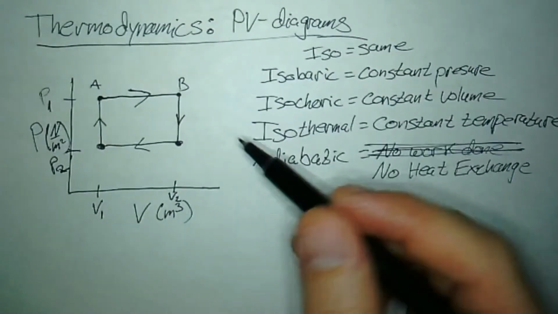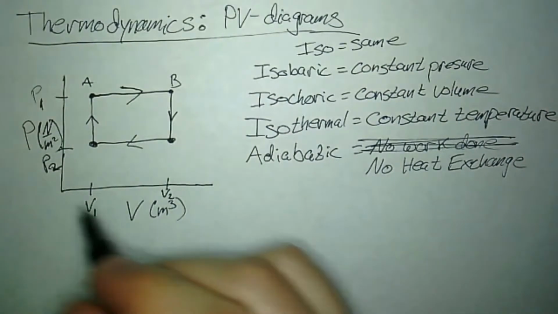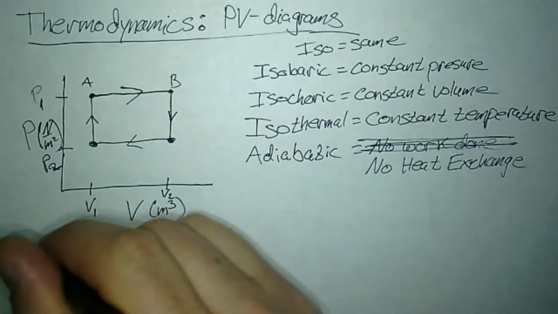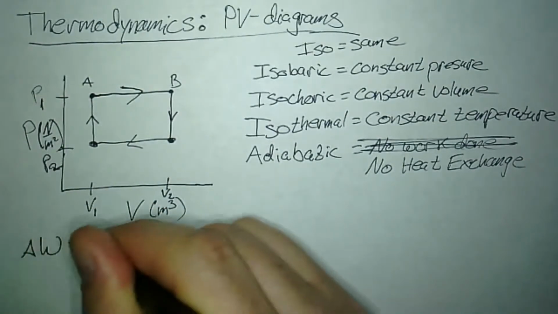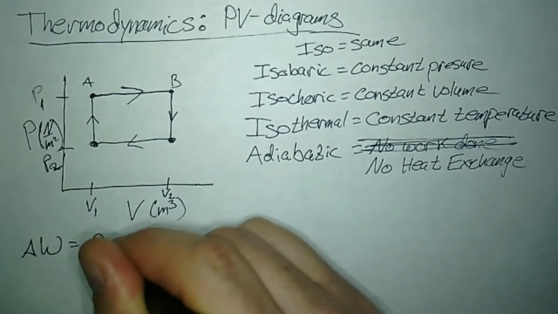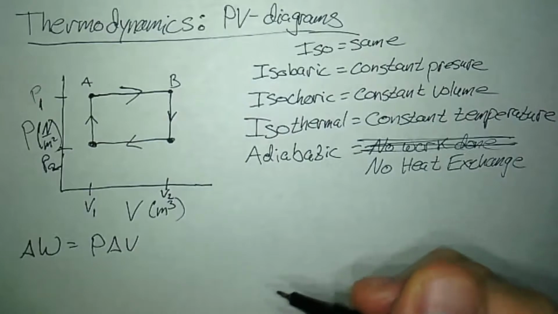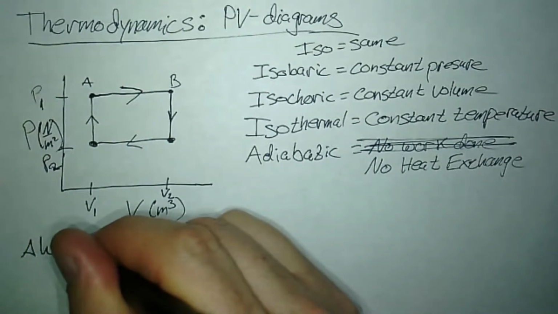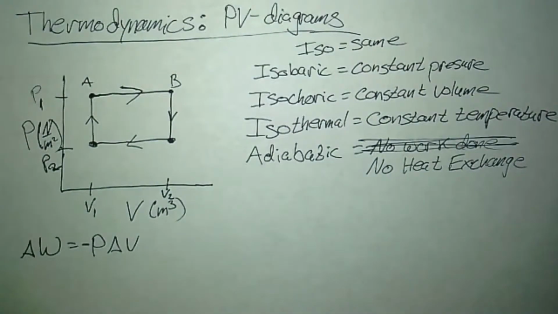All right. So how much work is done in this process? Well, if you're at all familiar with integrals from calculus, you know that the change in work is equal to the pressure times the change in volume, right? I'm going to put a minus on here because we were saying work done on the gas.